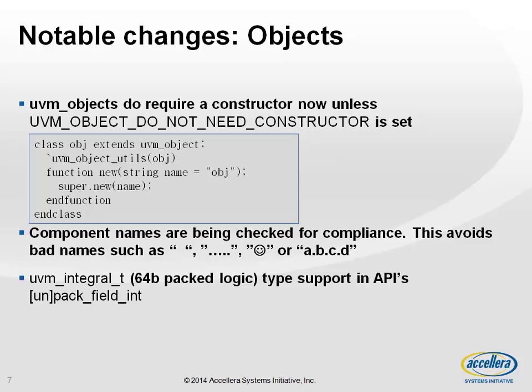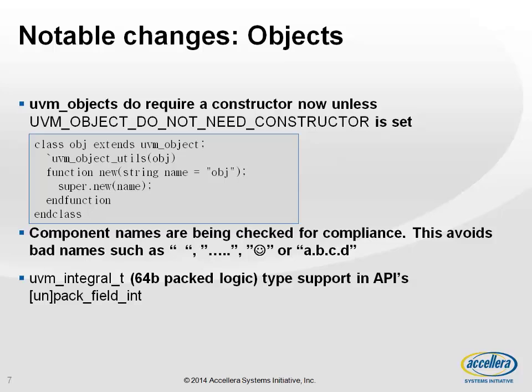And this is also supported in the APIs, most notably in the pack field int. The reason is that, as you probably know, all integral types are modeled as UVM bitstream T. A UVM bitstream T is 4K of memory. So if you store a single bit via setconfig, you're not just getting a single bit, you're getting a single entry of UVM bitstream T, which is 4K.